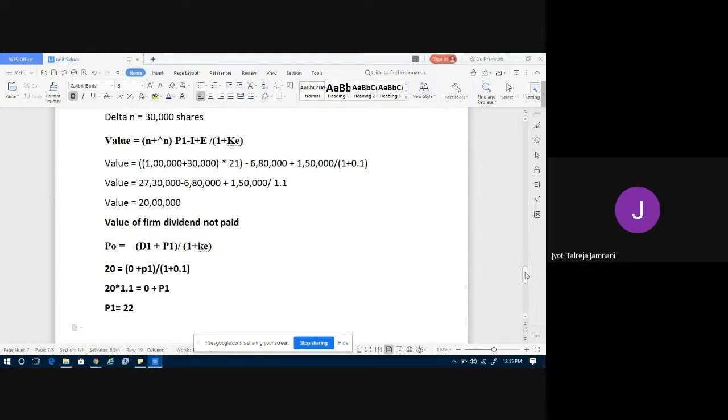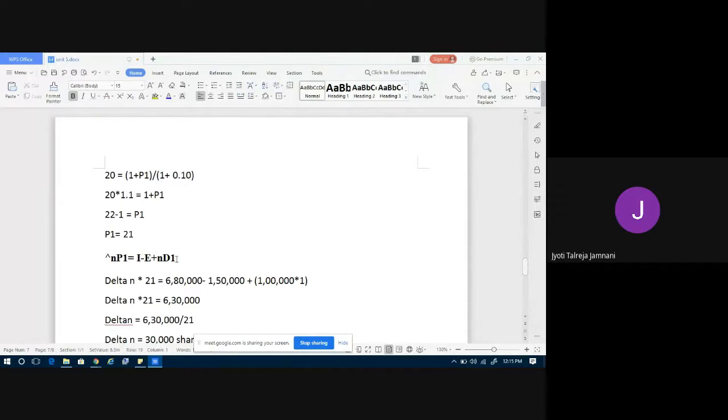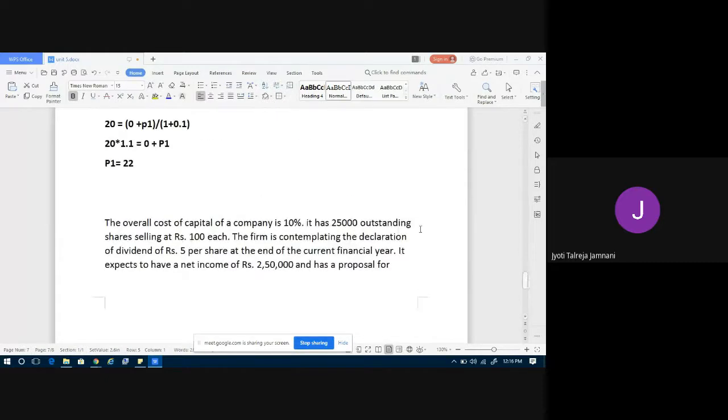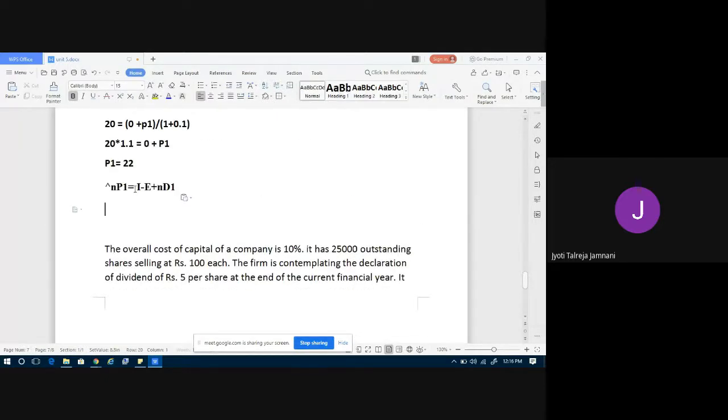Now we'll find the new number of shares. I hope all of you are getting it. The new number of shares, we'll write here delta N into P1, which is 22 in this case now because there's no dividend paid, equal to I, that is 6,80,000 minus E, 1,50,000 plus ND1.